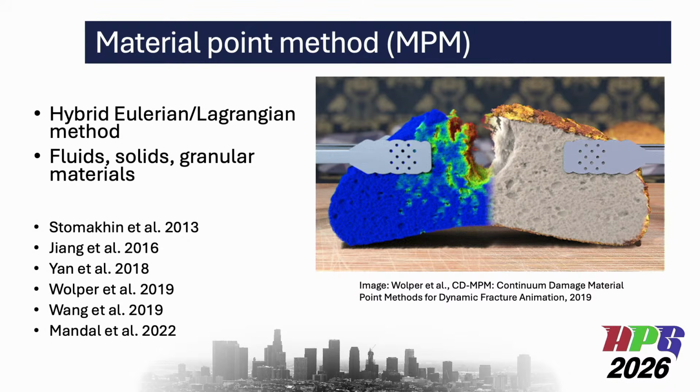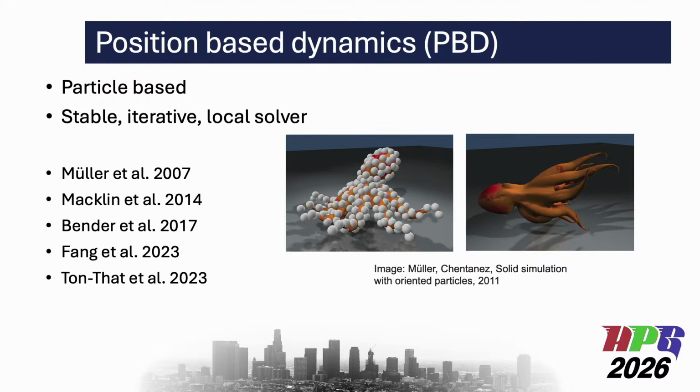The snow from Disney's Frozen, for example, was made with MPM, and performance is still outside of the interactive realm for many applications. PBD is a technique more suited to interactive applications like games due to its stability and easily parallelizable local solver. By creating constraints between particles, we can construct rods, cloths, solids, and other deformable structures.